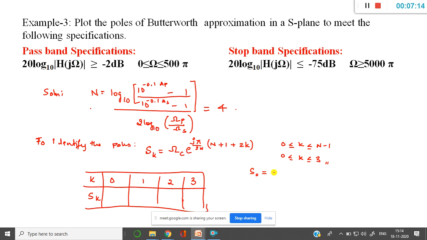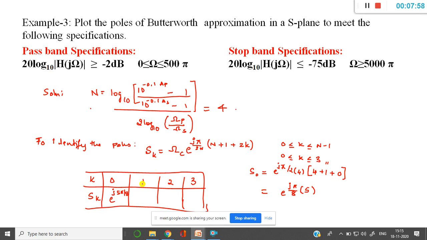Now the first pole, s of 0, is omega c, which we will see later is nothing but the angular frequency, times e to the power of j pi by 2 into 4, into 4 plus 1 plus 2 into 0, which remains 0. The answer here is e to the power of j pi by 8 into 5. So the first pole lies at e to the power of j 5 pi by 8, right? This is my first pole.